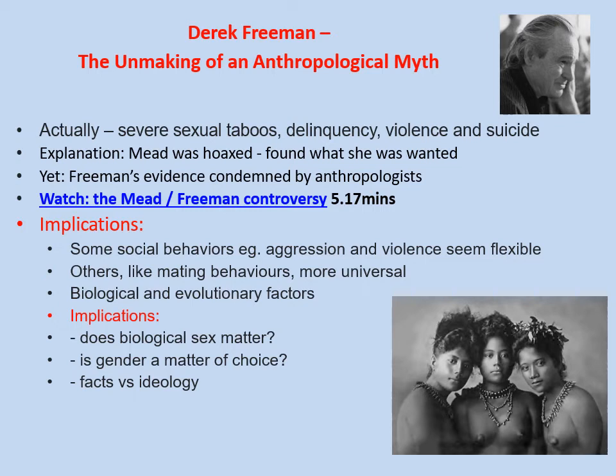And that suggests that there are some biological and evolutionary factors which play a role in some aspects of human behavior. It turns out that biological sex might actually matter in determining how people behave because all cultures seem to show similarities.